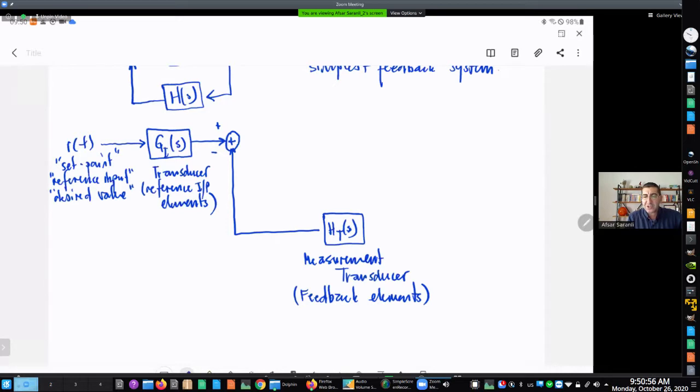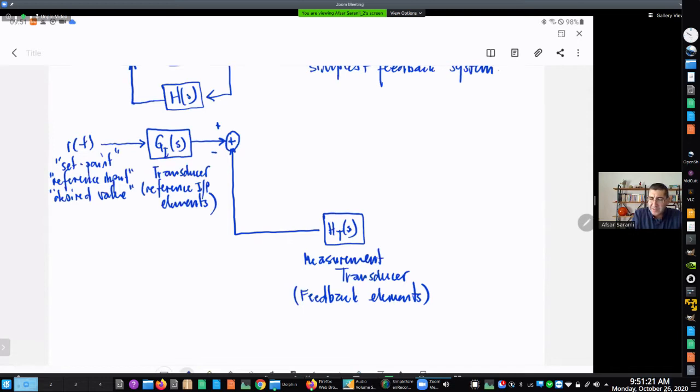If one is a voltage, the other one needs to be a voltage. If one is, let's say, a mechanical position variable, the other needs to be a mechanical variable, right? Apples and apples, right? You cannot subtract or add things that are of different nature.